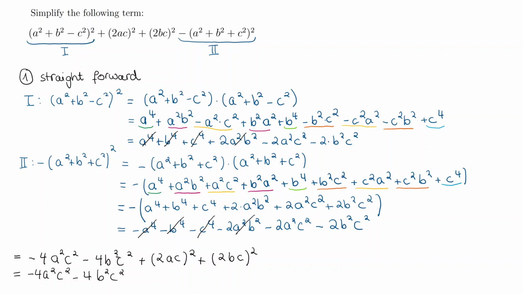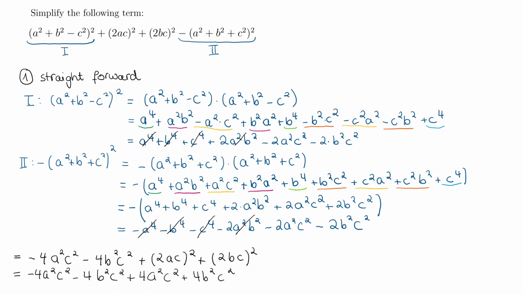I just copied this first part. And here we can just put this power sign on every single part. So that is the same as 2 to the power of 2, which is 4 times a square times c square. And the same for this part. So this would then be 4b square c square.